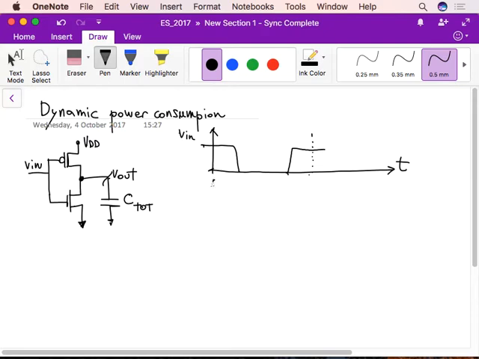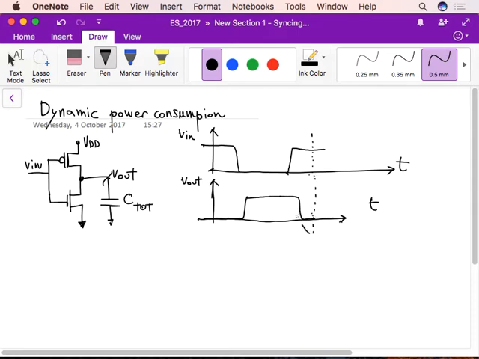The output voltage, as you know, does the following thing. When the input is high, the output is low. Then after a switch we have some delay, and then the output voltage switches to high, and then again it switches to low. This is something that we have already studied.